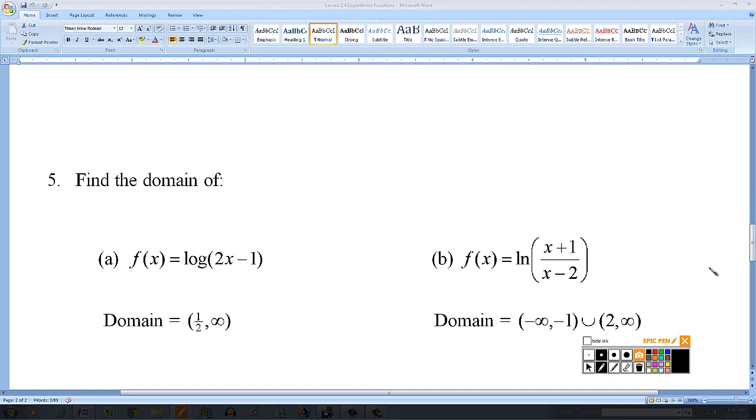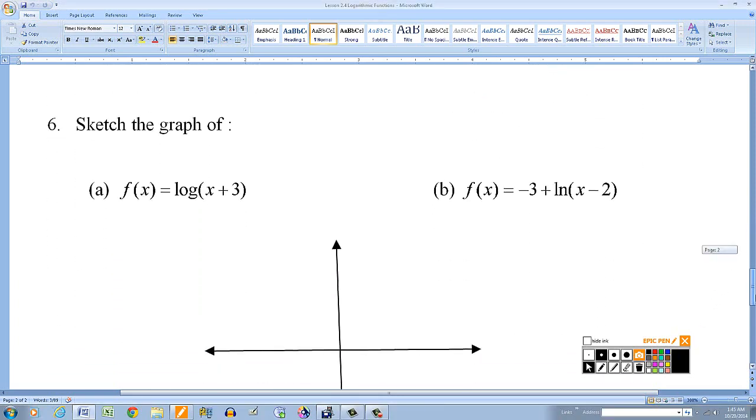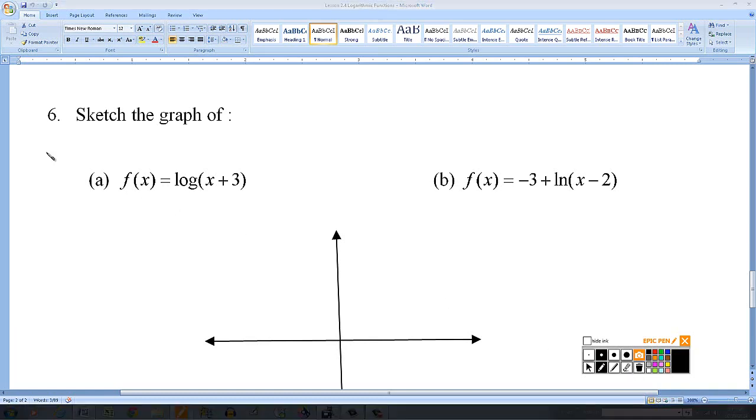Sketch the graph of these. Just a little rough sketch of the graph. I want the graph of the log of x plus 3. Here I'm going to apply the same ideas that I went over when graphing exponential functions.